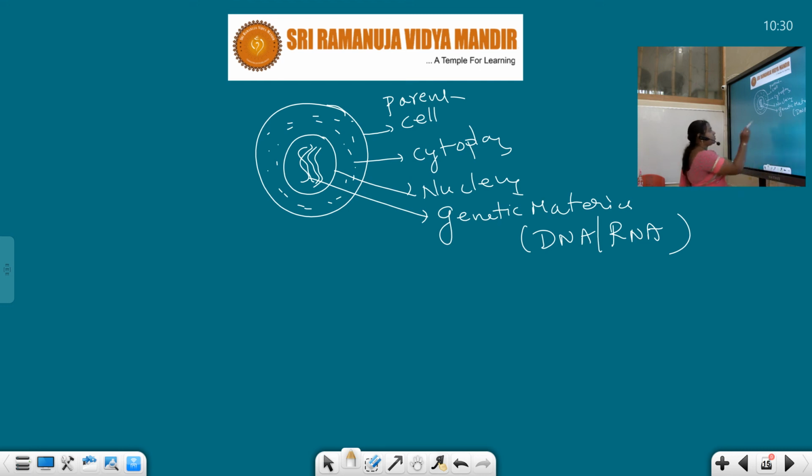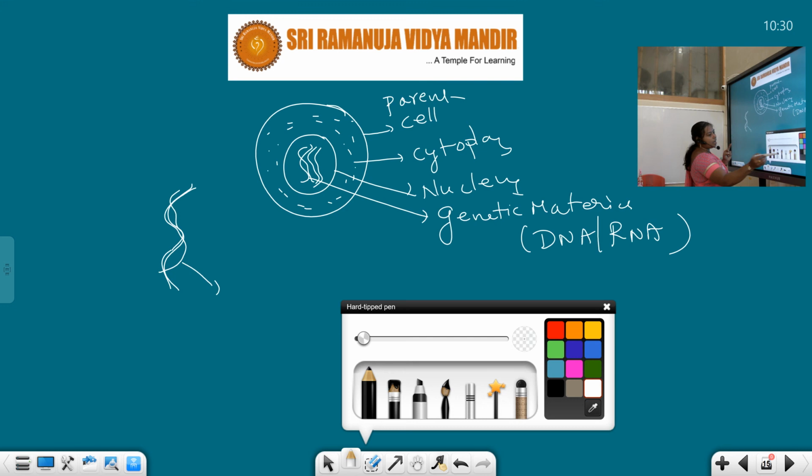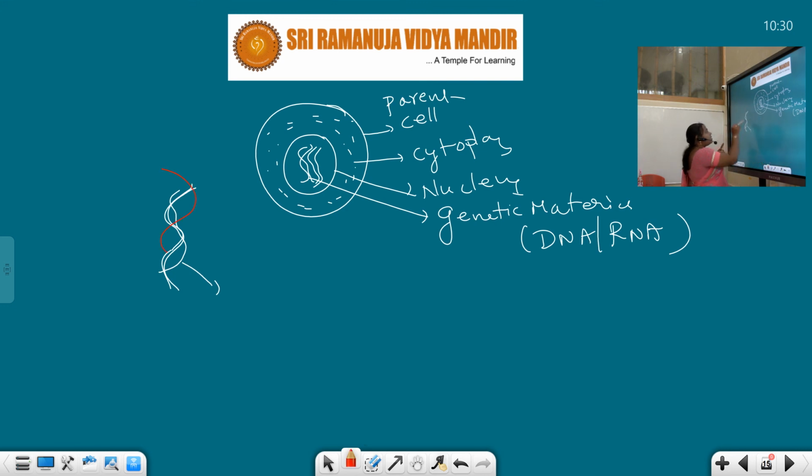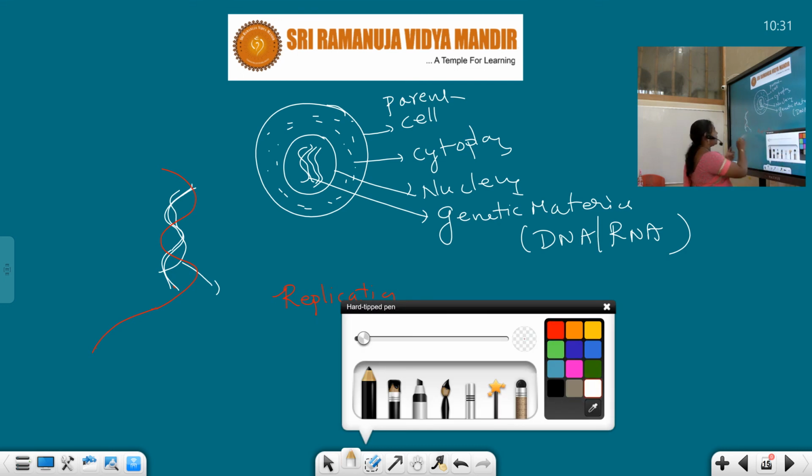So what will happen here, students? First, let us talk about the genetic material. As it is double helical in structure, two strands are there: this is one strand, and this is the other strand. The first process is replication, students. In replication, the strands first divide.